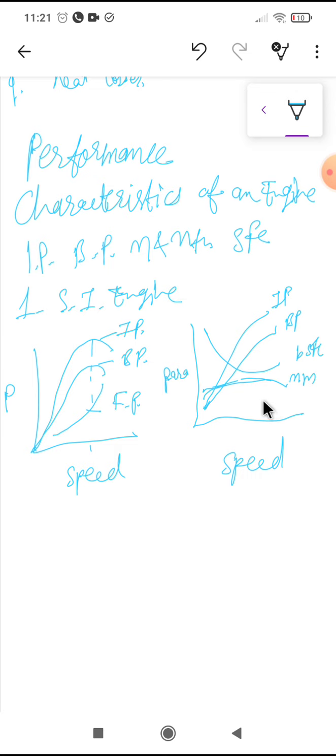The effect of brake specific fuel consumption with variation of speed is also represented here.